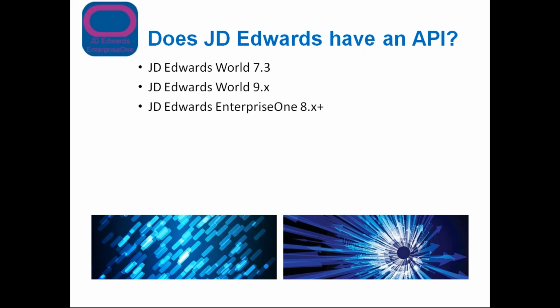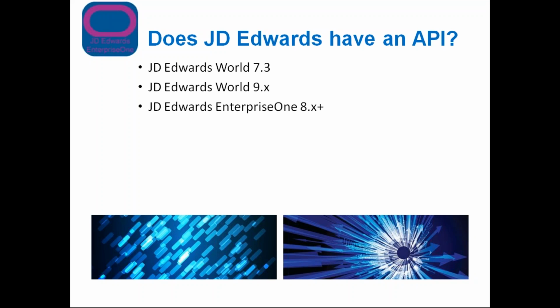So J.D. Edwards users that are looking to integrate with Agile, of course there are APIs. It's going to depend on whether you're on J.D. Edwards World, and which versions of World. With World 7.3, basically Z processes are your ways to get in and out, or calling RPG programs. With World 9, you have more service-oriented options.